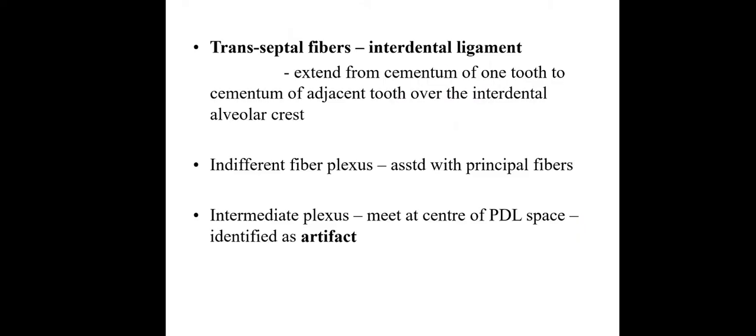Apart from this, there are two other groups of accessory fibers: the indifferent fiber plexus, which is associated with the principal fibers, and the intermediate plexus, which was earlier identified as a group of accessory fibers that started from both alveolar bone and the cementum and joined together at the center of the periodontal ligament space, but this was later identified as an artifact.